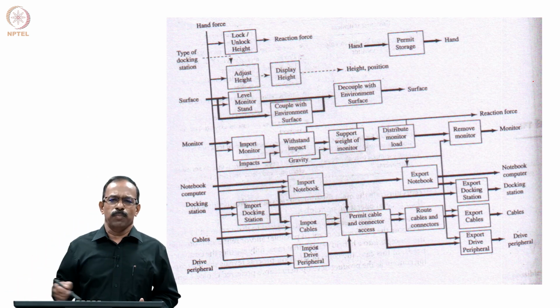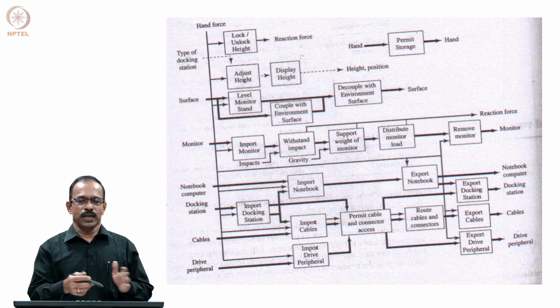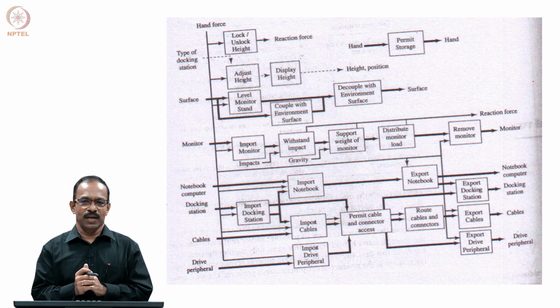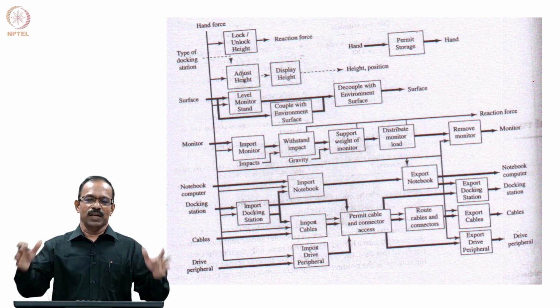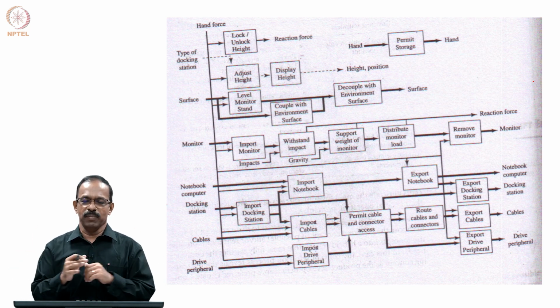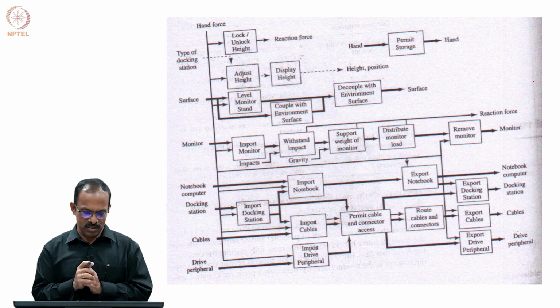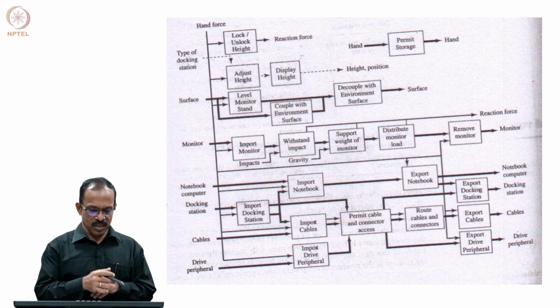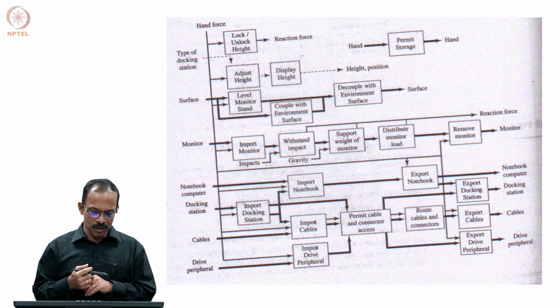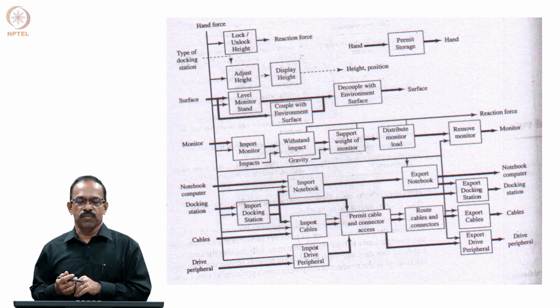This is for a product like a monitor stand for a laptop. When you want to use the laptop along with a normal monitor, how can you make a monitor stand for that? So, this actually shows the functional decomposition of that product using the flow method.